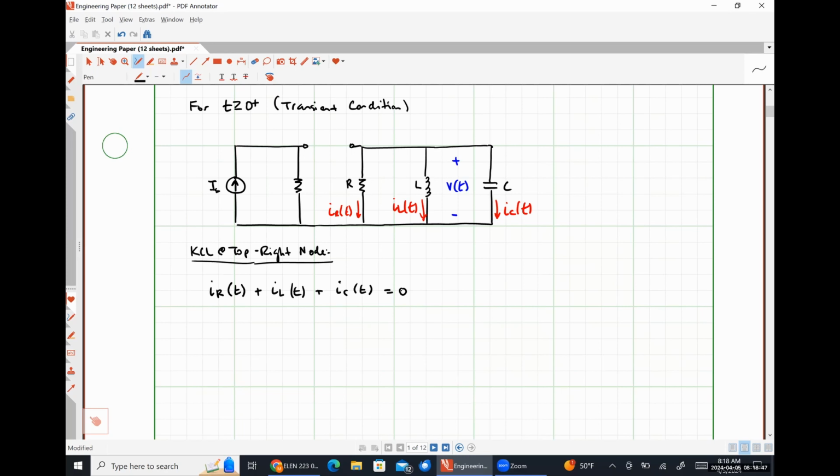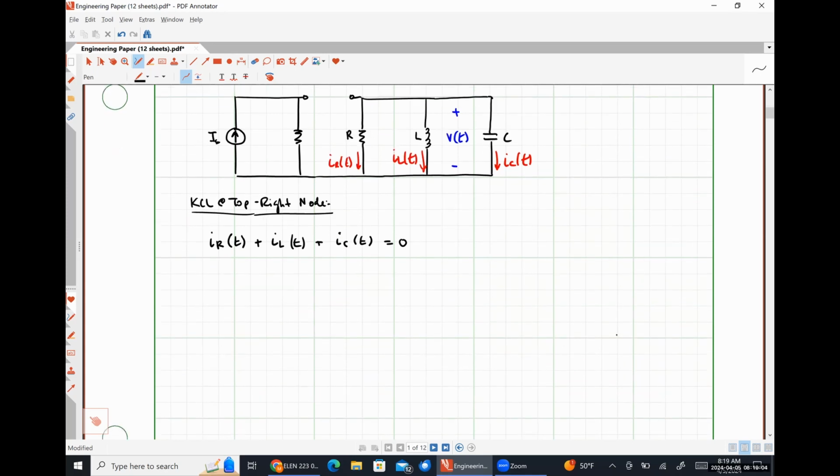Kirchhoff's current law can never be violated because it's simply the law of conservation of charge as applied to circuits. Now, all three of these currents can be expressed in terms of that voltage V of T that is common to all of the elements, right?